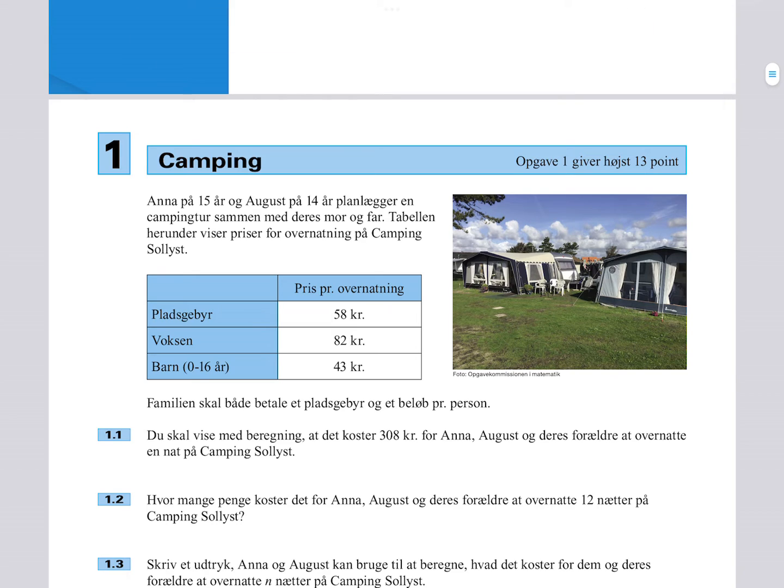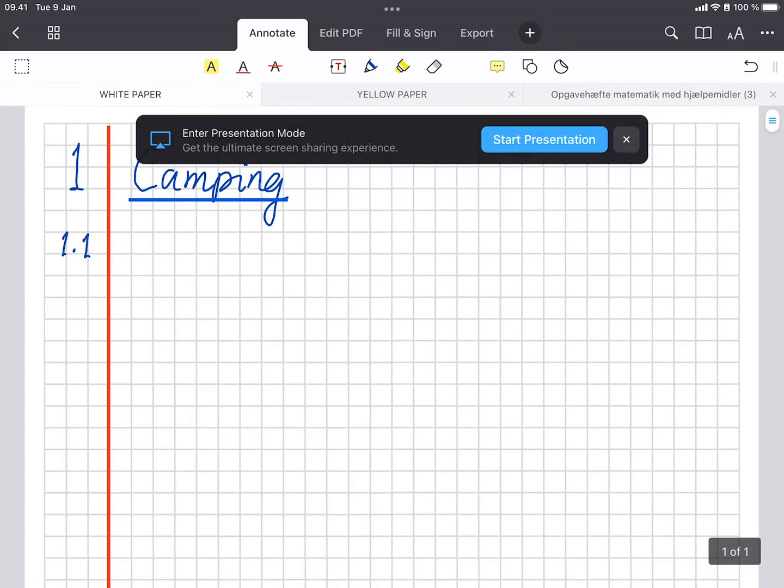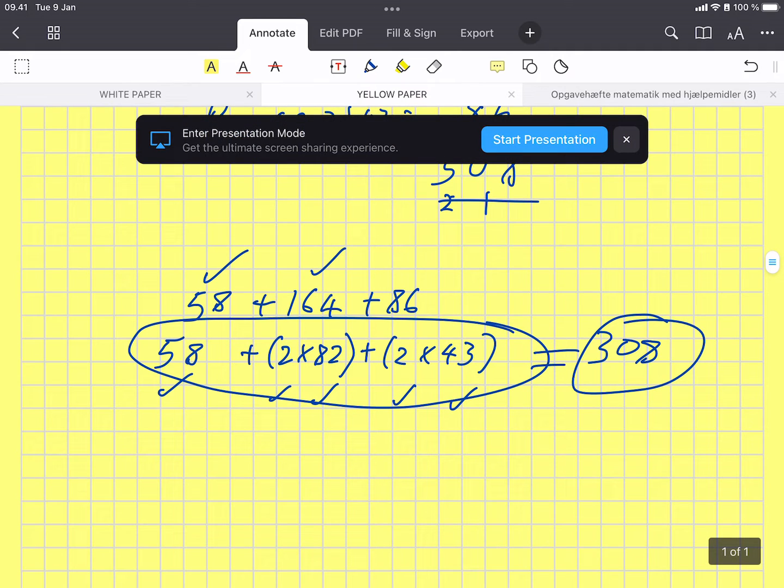So the word that describes that could be price. And then a colon. Then you want the calculation. So 58 plus 2 times 82 plus 2 times 43.